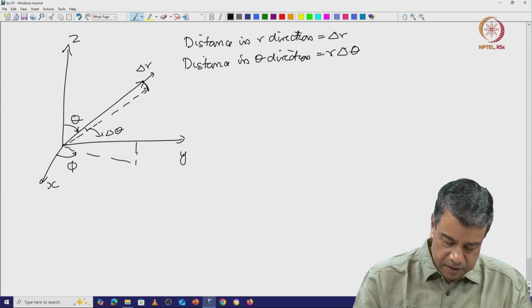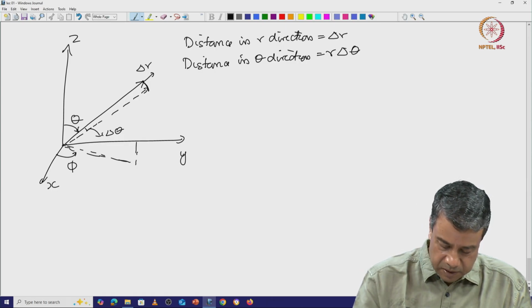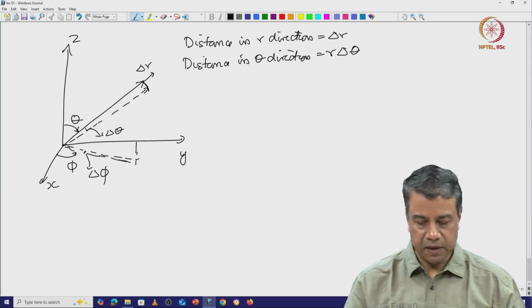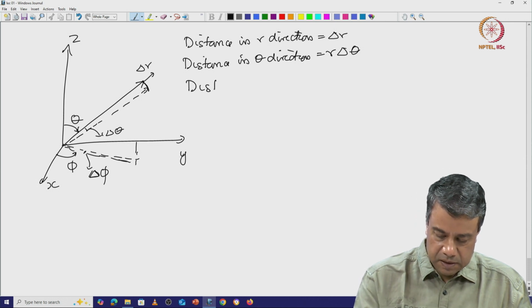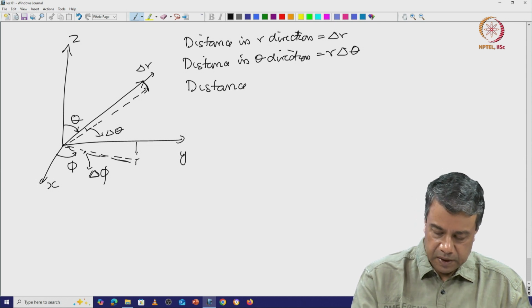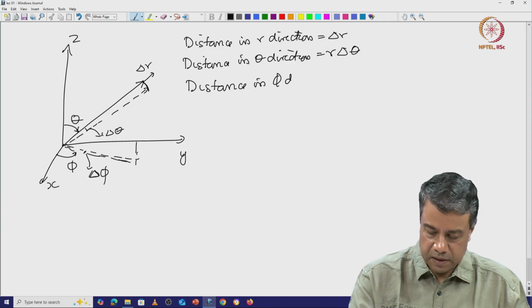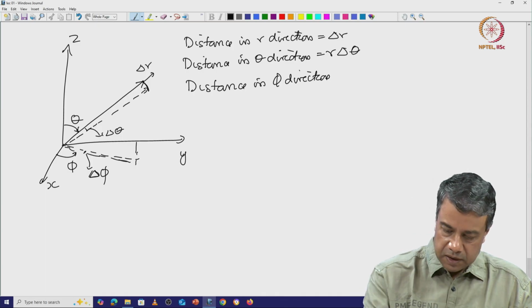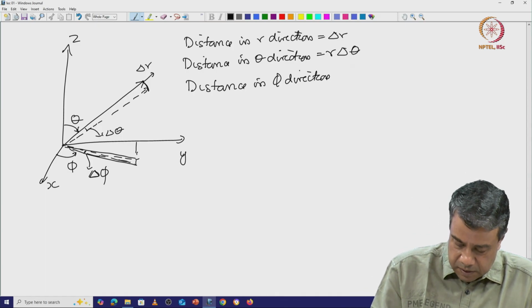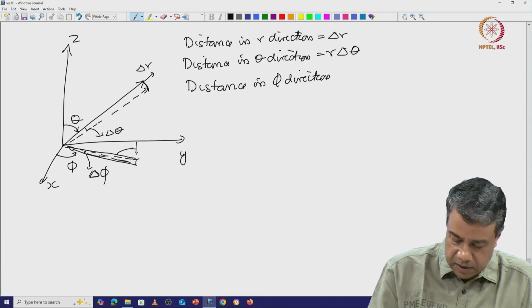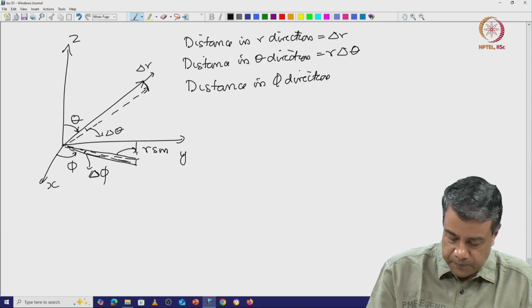Similarly, if I increase the angle phi by a small amount delta phi, what is the actual distance travelled? Distance in phi direction. Note that this distance from the center is equal to r sin theta.